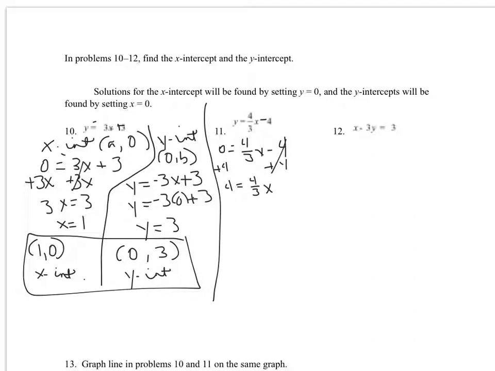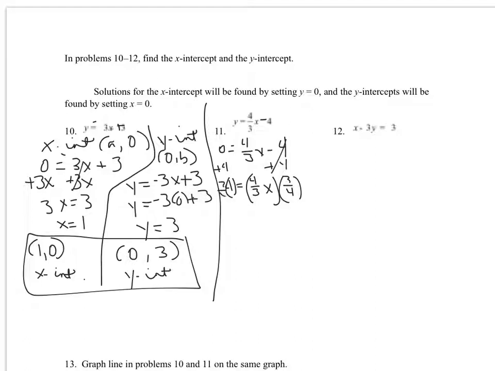As a quick reminder, if I want to get x by itself and it's being multiplied by a fraction, you may think about dividing both sides by a fraction, but that looks funny. It's a little bit messy. You're going to have to make an adjustment anyway. Remember, dividing is the same thing as multiplying by the reciprocal. So what I want to do is to multiply each side by the reciprocal of 4/3, which would be 3/4.